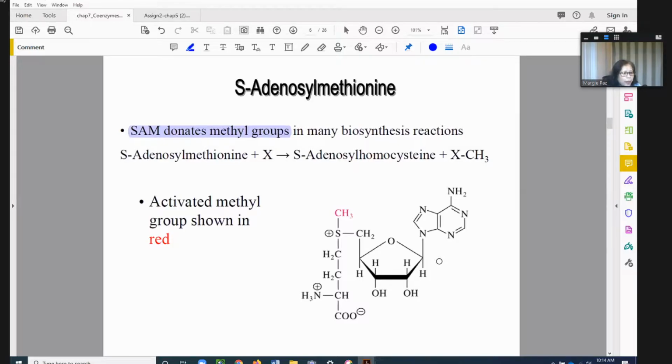The general reaction showing methylation of compound X is shown here. So the methyl group from S-adenosyl methionine is donated to compound X. So we now see this methylated compound X here. That is the general reaction.